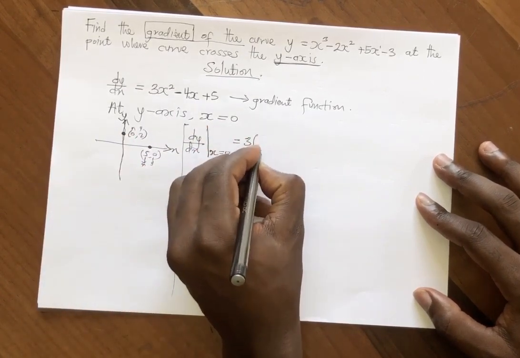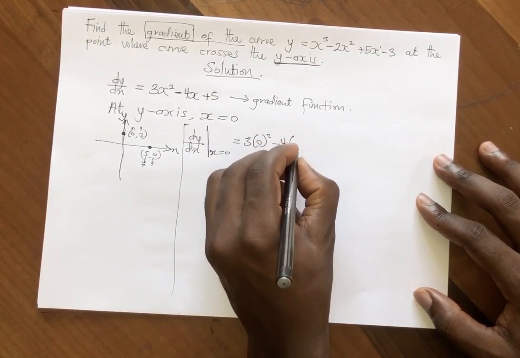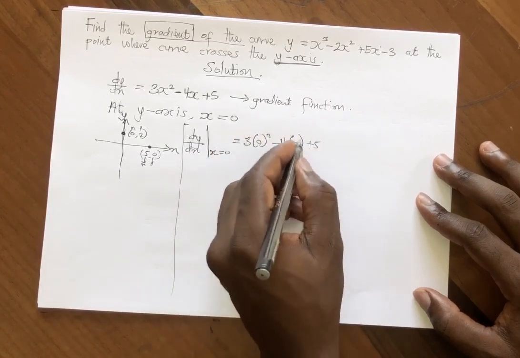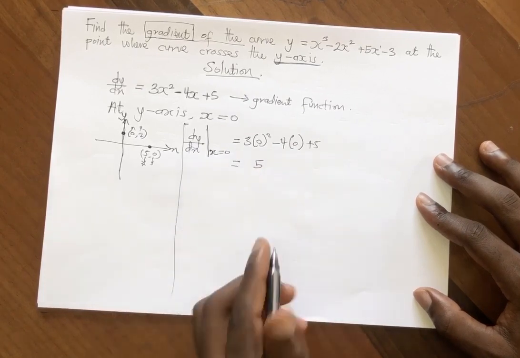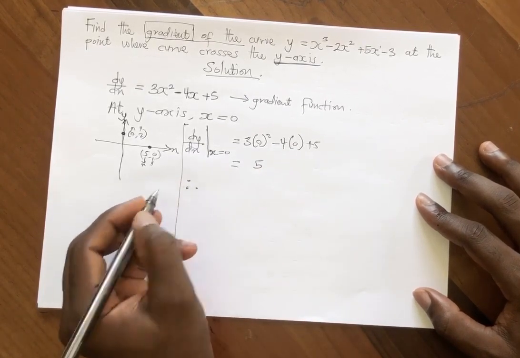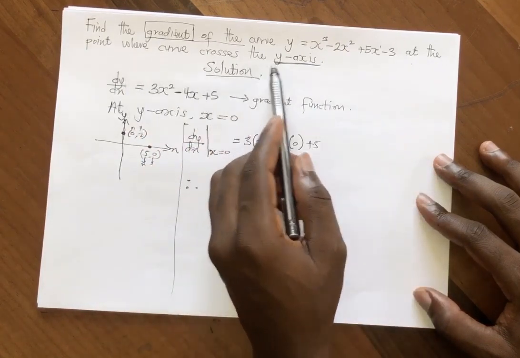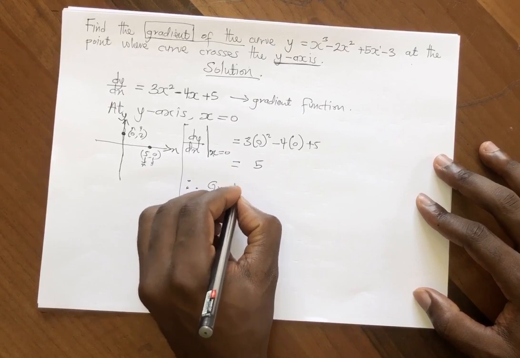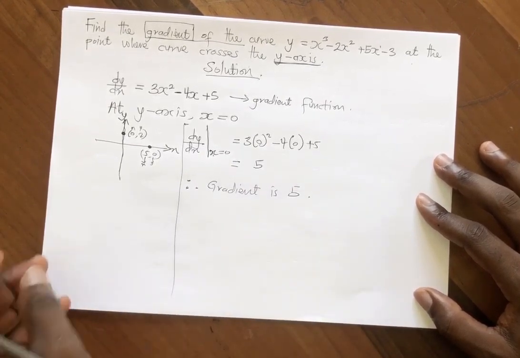So we have 3 times 0 squared, then minus 4 into 0 plus 5. So all this is 0, this is 0, so we are left with 5, okay? All right. Therefore, the gradient of this curve at the point where the curve crosses the y-axis is 5. So the gradient is 5. And you are done, okay?